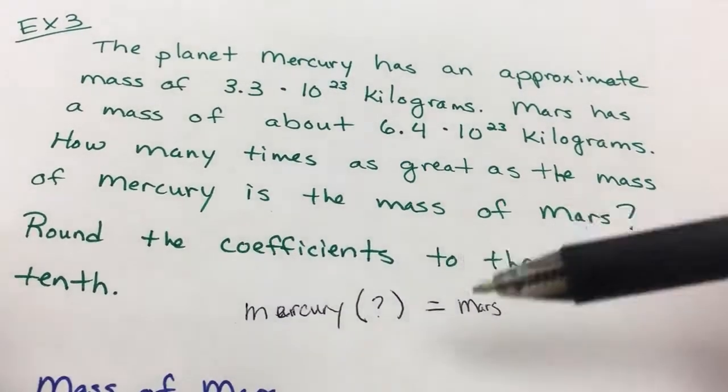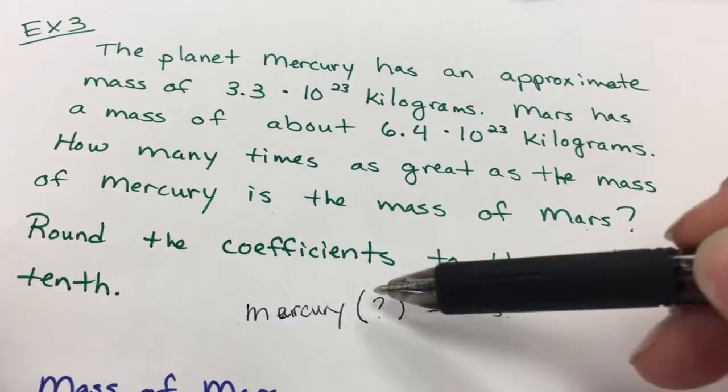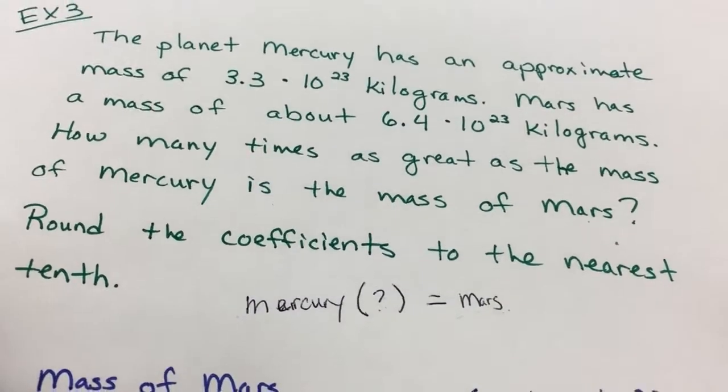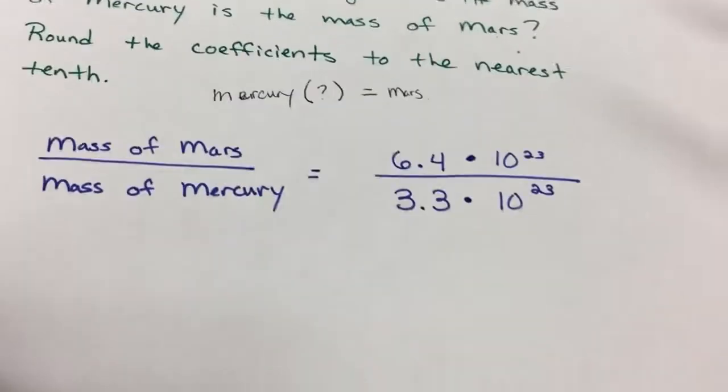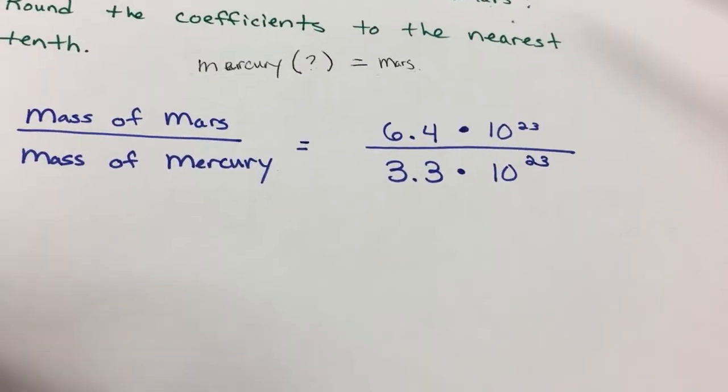Okay? In other words, if I were to solve for this number, to get this Mercury over here, we would have to divide by Mercury on both sides. So to solve this problem, we're going to look at the mass of Mars over the mass of Mercury.